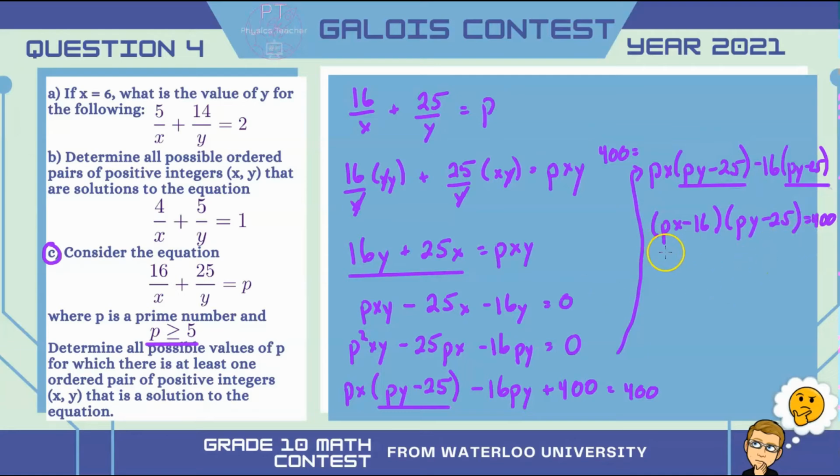Now, just as before, because p, x, and y are all positive integers, that means that px minus 16 and py minus 25 are also integers and are factors of the number 400. Now I know that p has to be greater than or equal to 5. I also know x has to be greater than or equal to 1, which would mean that px must also be greater than or equal to 5.